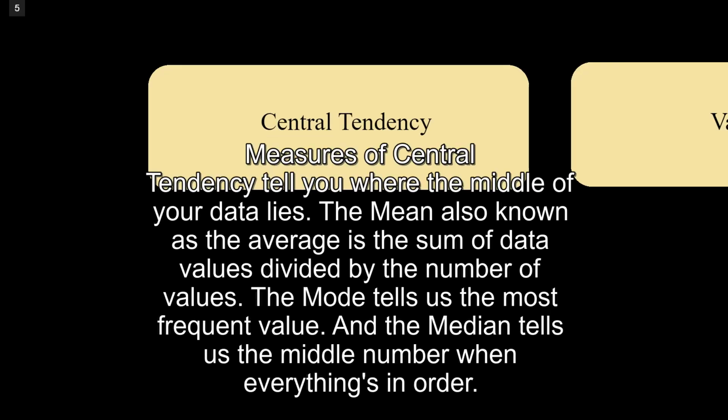Measures of central tendency tell you where the middle of your data lies. The mean, also known as the average, is the sum of data values divided by the number of values. The mode tells us the most frequent value, and the median tells us the middle number when everything's in order.